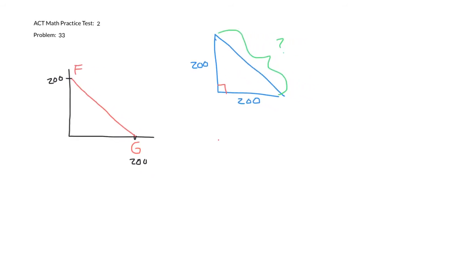Pythagorean theorem is a squared plus b squared equals c squared, and that's going to be 200 squared plus 200 squared equals c squared.